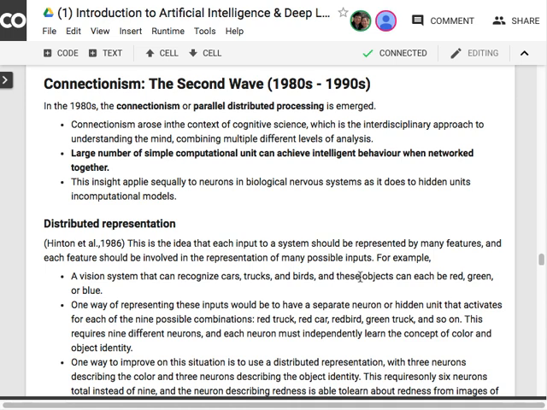Okay, and then the first one is color. So we have the neuron that responds to the red color, a neuron that responds to the black color, and a neuron that responds to the blue color. And then we have another class of neurons that respond to the shape, something like apples, the glass, and the shoe.